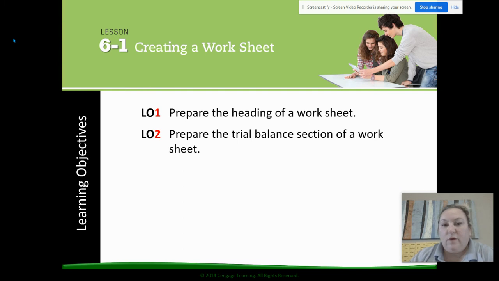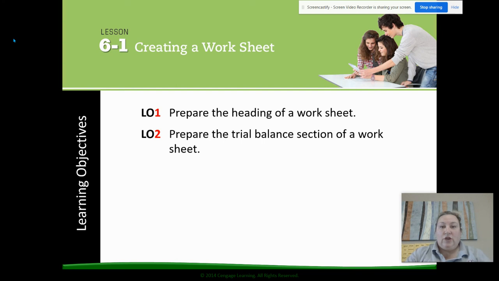So at the end of chapter 4, just a quick recap, you're updating all the individual accounts with the postings. You're done with all of the transactions. And now this worksheet is our first report. So what we're doing is we're taking all of those individual accounts, and we're putting them on one page.